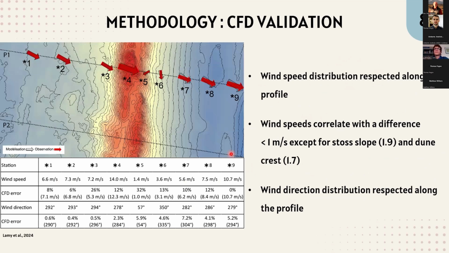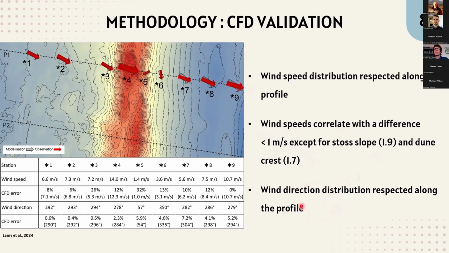We made validation of the CFD with 9 anemometers in the field. So we compare both modelization and observation. And we observed a very good correlation between wind speed calculated and observed, with less than 1 meter per second difference, or a little bit more in some places, but always less than 2 meters per second.